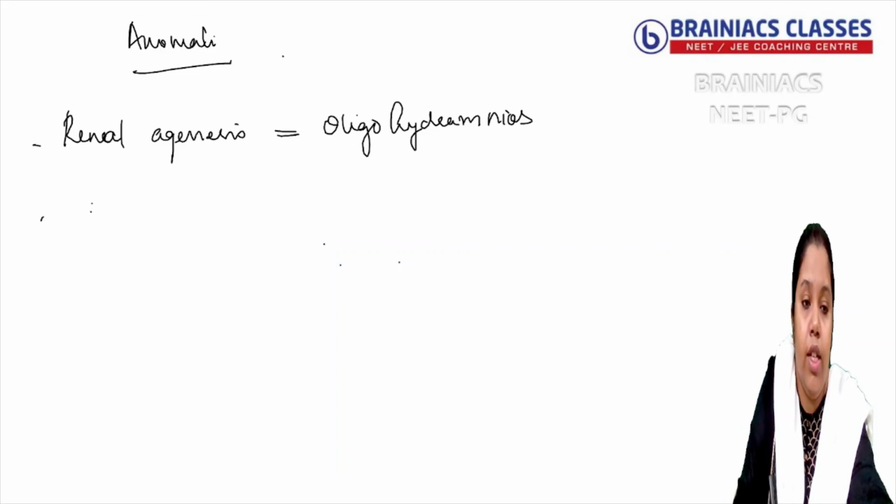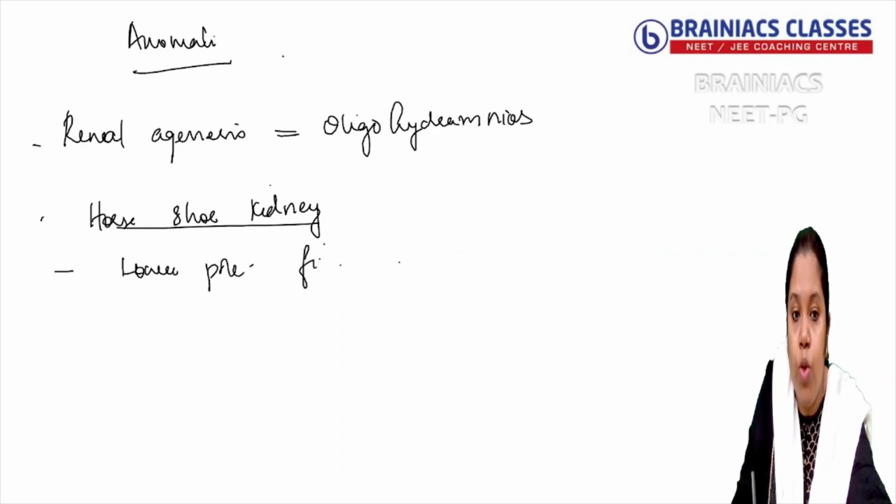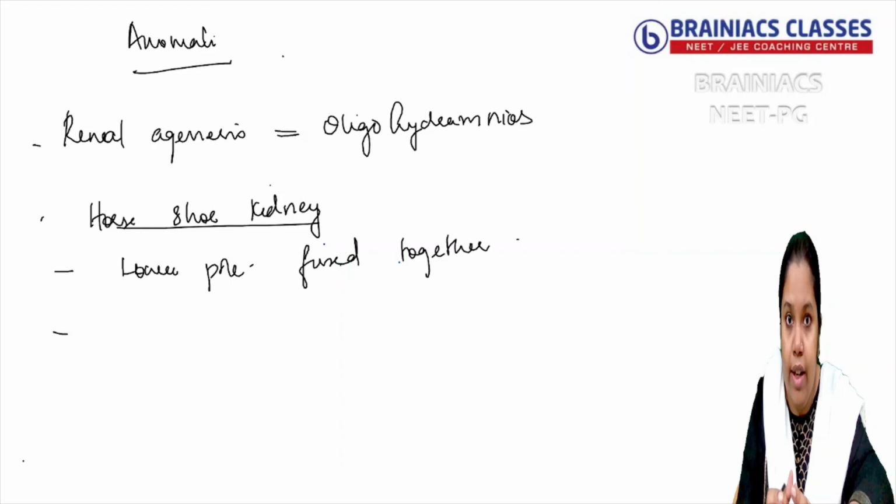The second thing is about the horseshoe kidney. What is meant by horseshoe kidney? Here the lower pole of the kidney is fused together. Okay, how does this happen? Kidney is developed in the caudal end of the embryo, that is in the sacral region or the pelvic region, right? And when this caudal end grows, the kidney extends up, right?